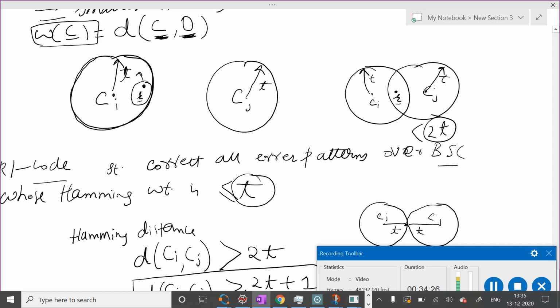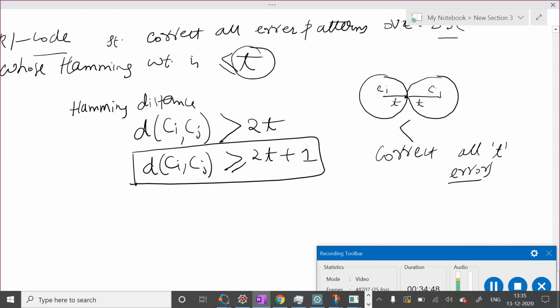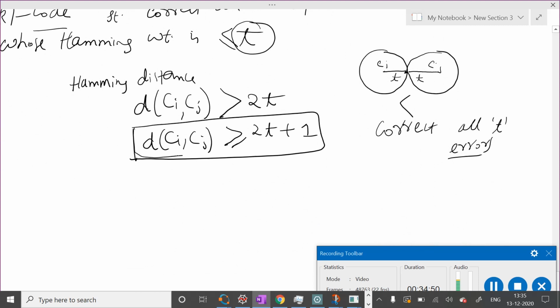If there are t errors, your received code word will stay at the border, so you will still be able to decode it. But if there are more than t errors, then the received vector will be outside the circle. So a code which satisfies this property, that the Hamming distance between any two code words is greater than or equal to 2t plus 1, will be able to correct t errors.